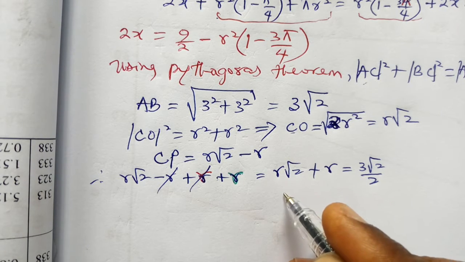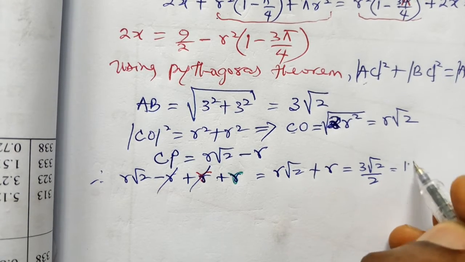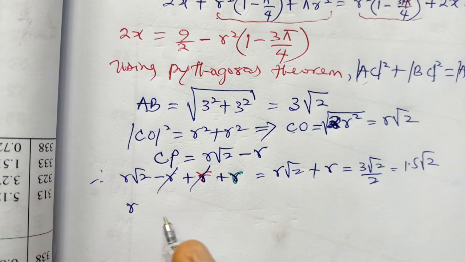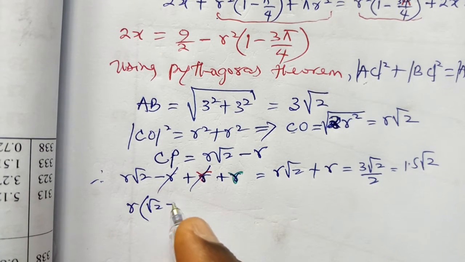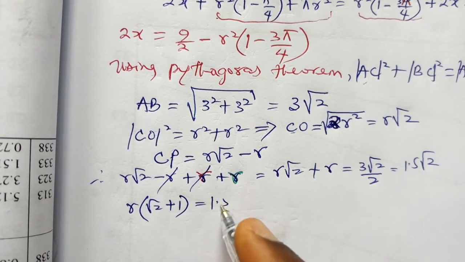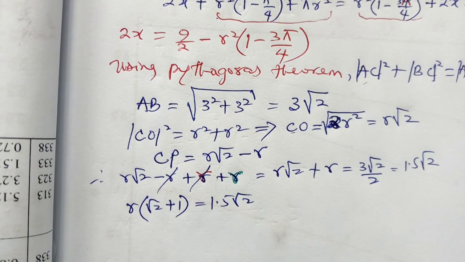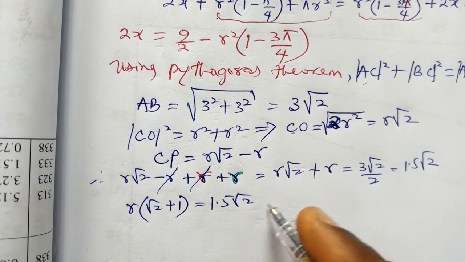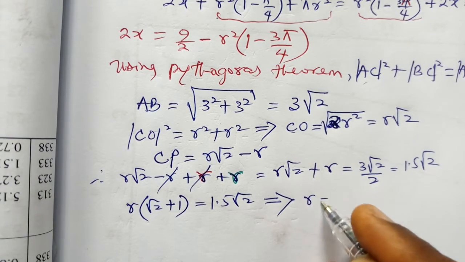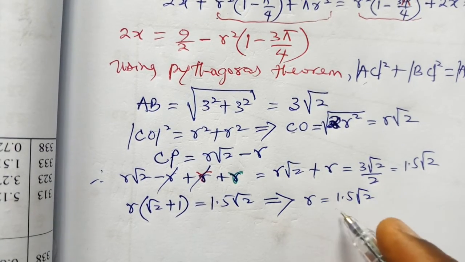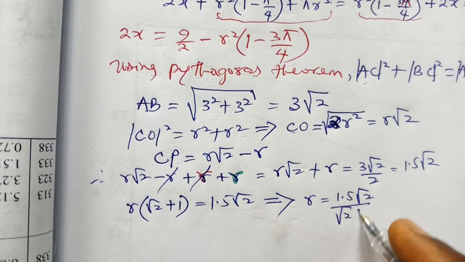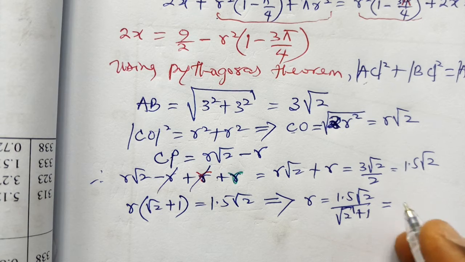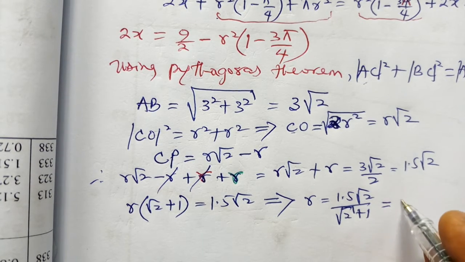So you now see that this is 1.5 root 2. That means that our R, if you factor R out, you have R times root 2 plus 1 is equal to 1.5 root 2. So this implies that R is equal to 1.5 root 2 over root 2 plus 1.